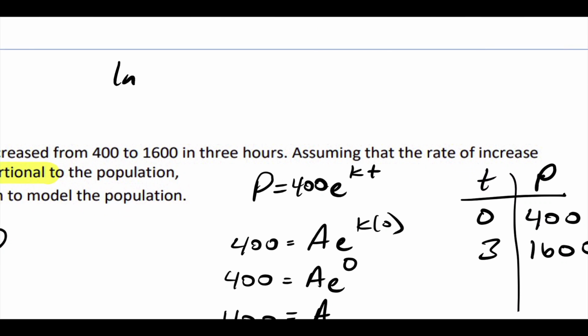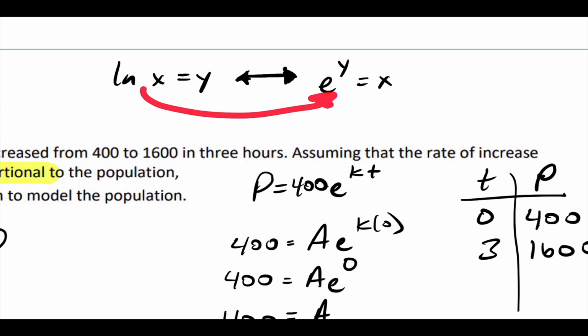If you remember, it's like this. If I have the natural log, because we're going to be dealing mainly with natural log, so you have the natural log of x equals y. To change it, you're going to have e to the y equals x to go back and forth. That's just math 3 stuff. That's not calculus stuff. But you're going to need to be able to go back and forth. We've already had one where we needed to go this way.